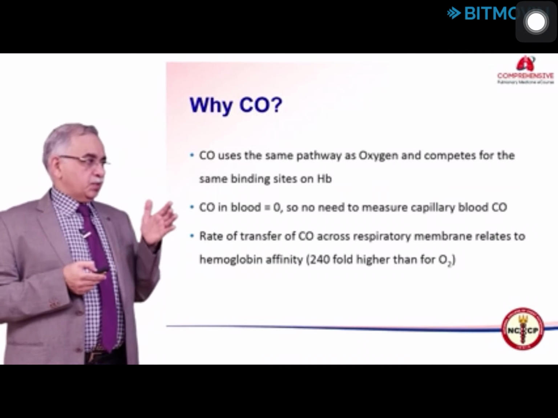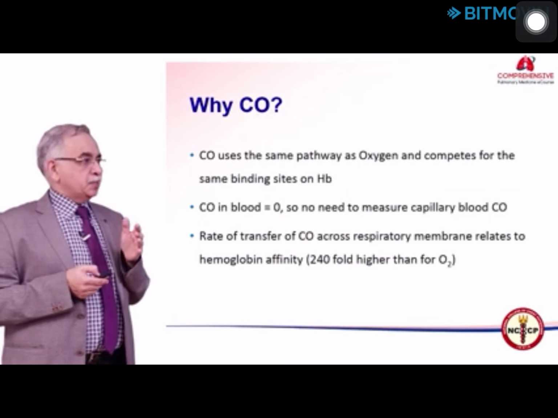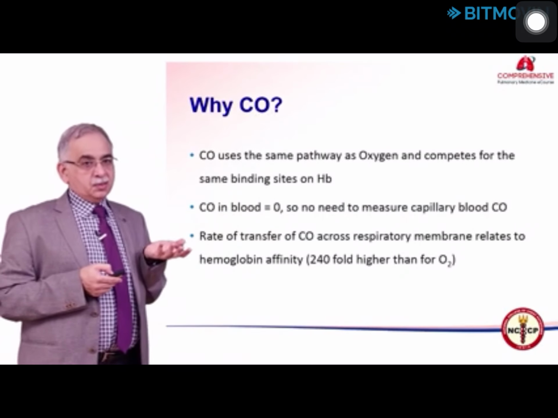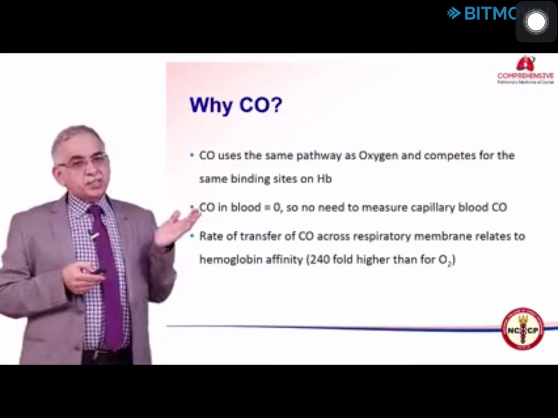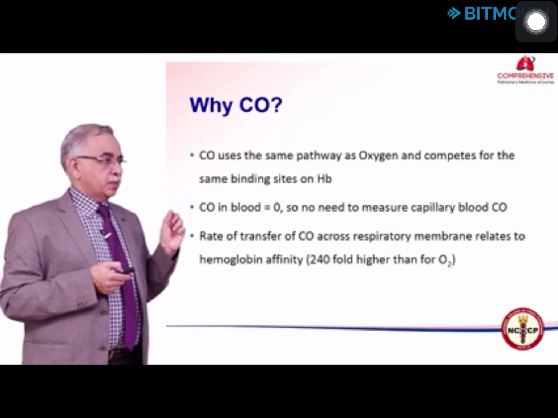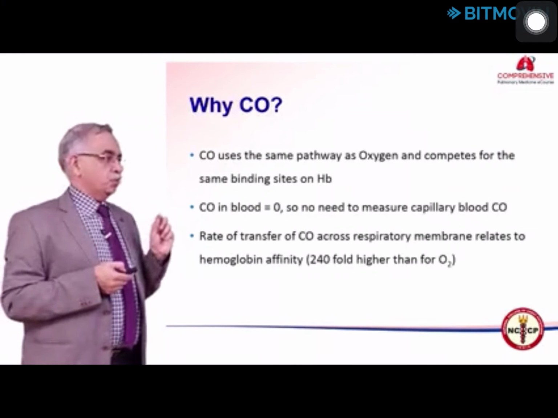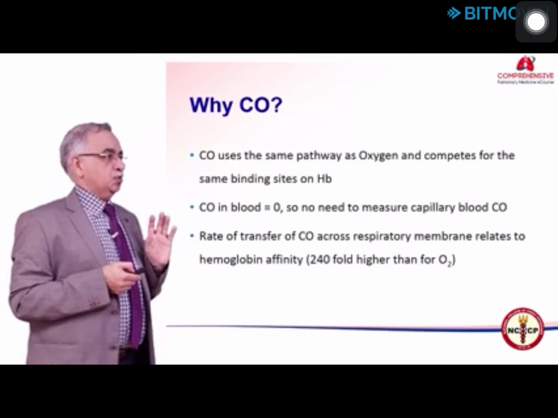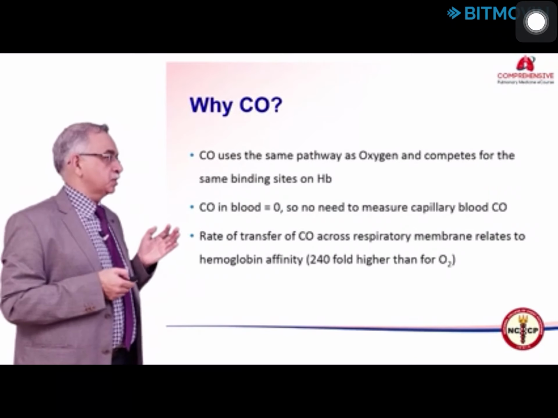The rate of transfer of carbon monoxide is far faster than that of oxygen, and it binds to hemoglobin at a far greater affinity, 240-fold higher than the binding capacity for oxygen. So, that is the reason why carbon monoxide is used.